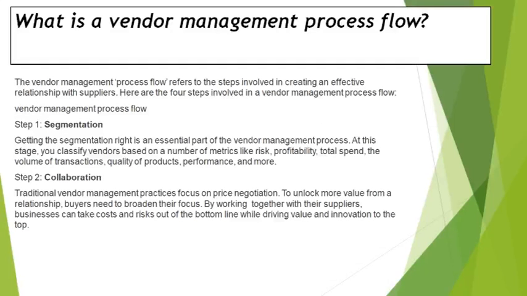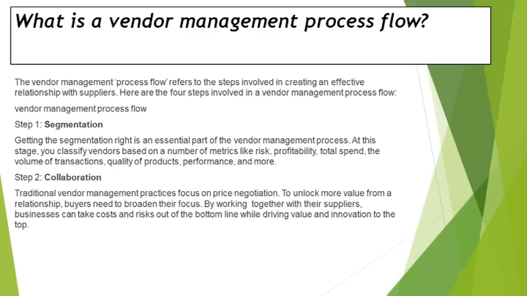So next we'll be going to what is a vendor management process flow. As we have described the diagram earlier, this is a flow to the next slide. That is, the vendor management process flow refers to the steps involved in creating an effective relationship with suppliers. We can state here the 4 steps involved in a vendor management flow.